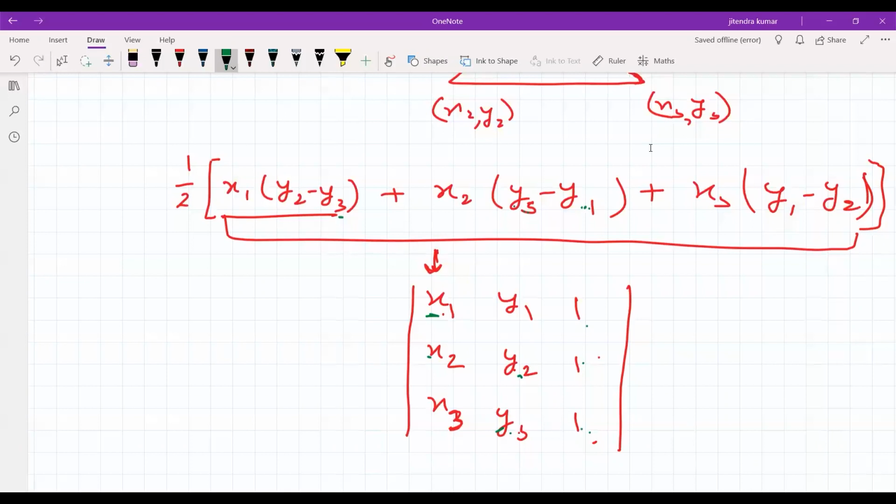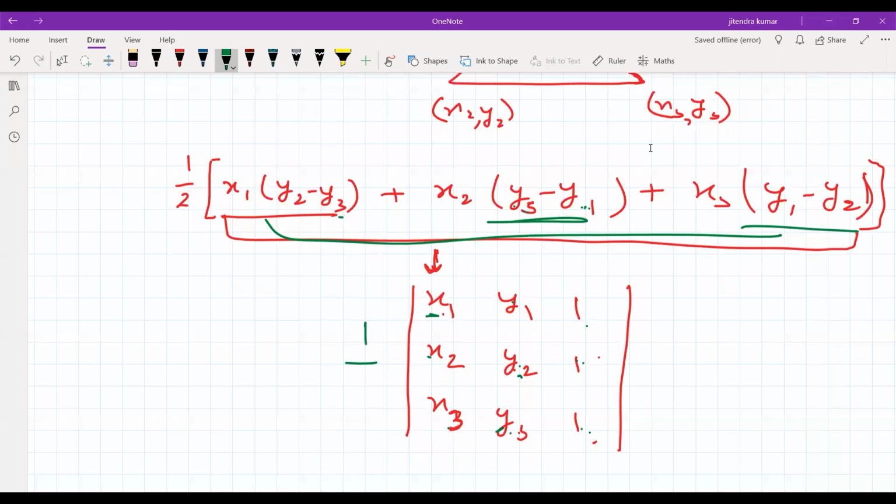That minus sign gets arranged here. Then in the third part, x3 into (y1 minus y2), right? So we have just written a determinant in such a form that after expansion we get the same thing.